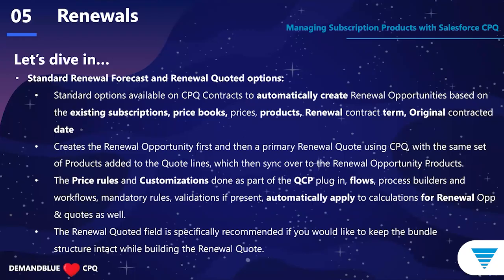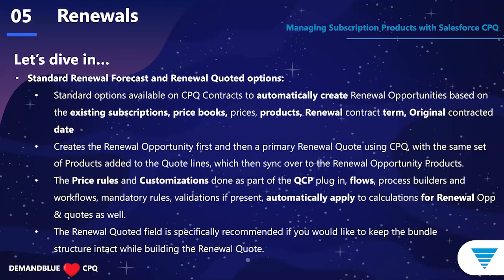Also, if there are any add-on opportunities that have been written to the original contract and created subscriptions from those products, irrespective of what the length was, they get captured onto the renewal quote, except that the dates are consistent for all subscriptions.